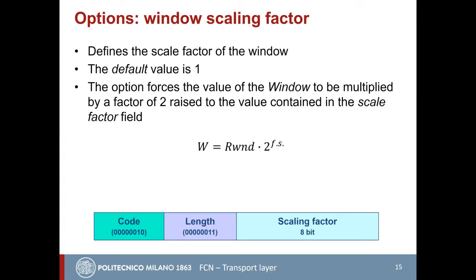So there is another option field, and then I stop. The second option field is called window scaling factor or window scale factor, and is an 8-bit field. It is used to multiply the value of the window parameter by a scale factor.